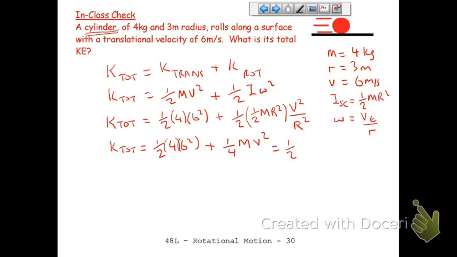So this is 1/2 times 4 times 6 squared plus 1/4 times 4 times 6 squared. I cheated, but I'll come back to it. K total is equal to 2 times 36, which is 72, plus 1/4 times 4 times 36, which is 36, which equals 108. And it's going to be joules.